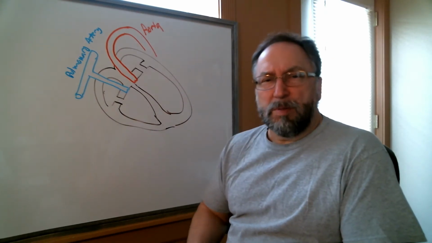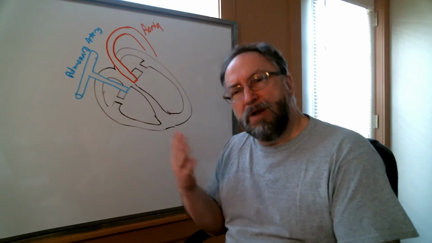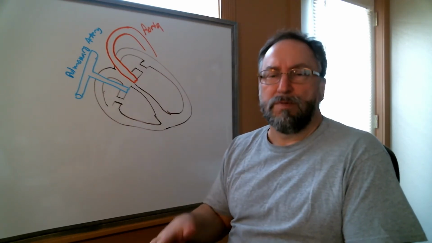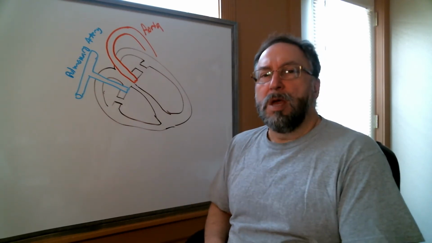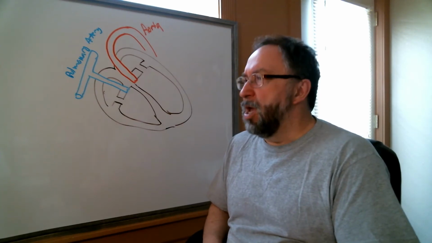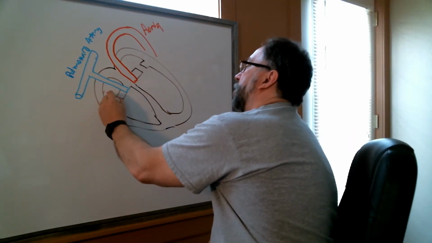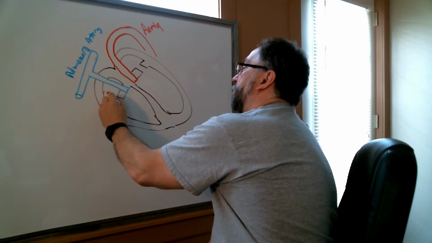So the first thing we'll do is talk about flow, how blood flows through the heart and through the system, through the lungs. You've got to kind of get that down. Anyway, right atrium. So you've got a blood spot here.